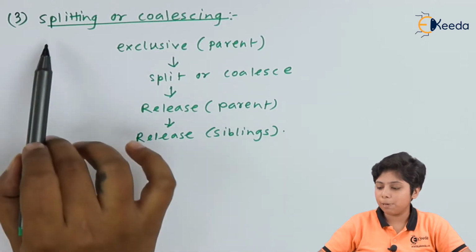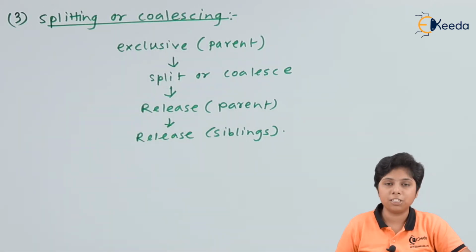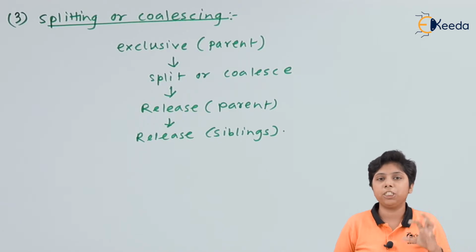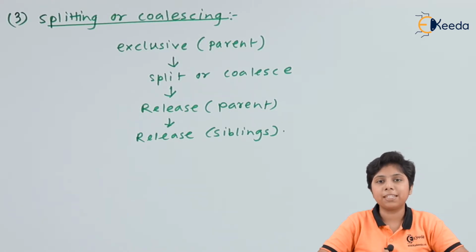See, in this splitting or coalescing or inserting or deleting, we are acquiring a shared lock, and after that we can provide an exclusive lock if and only if that is the node we need to access, either for a search, insert, split or delete. Now what happens is that other transactions can easily get the shared lock on the same root node or the same parent node for their own access.